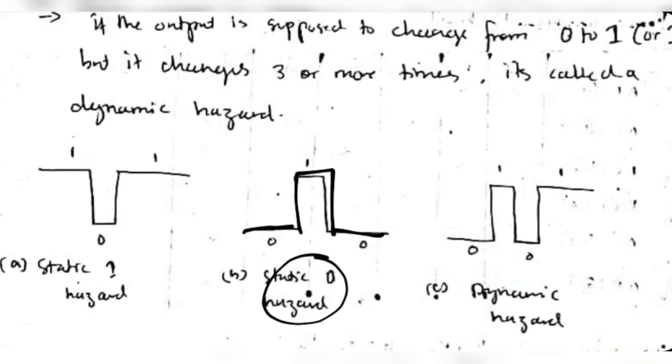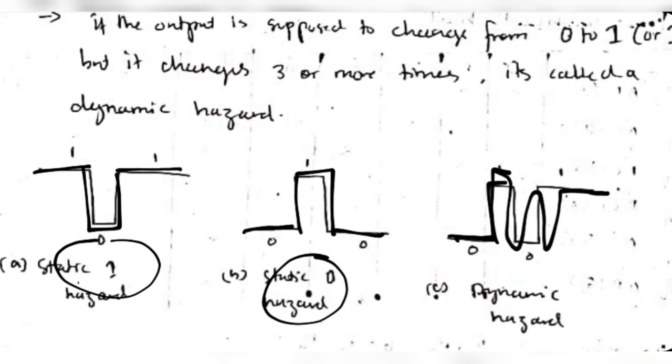That's known as a static 0 hazard. Similarly, if the output was to be 1 but it went to 0 and came back to 1, that's known as a static 1 hazard. And in a dynamic hazard, if it had to go to 1 but it fluctuates between 0 and 1 and then goes to 1, that fluctuation is a dynamic hazard.